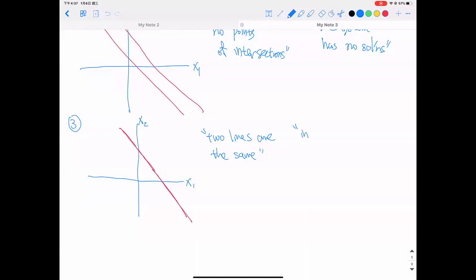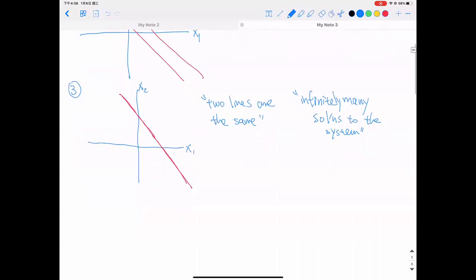So in this case, you have infinitely many solutions to the system. Okay, so these are the three possibilities.